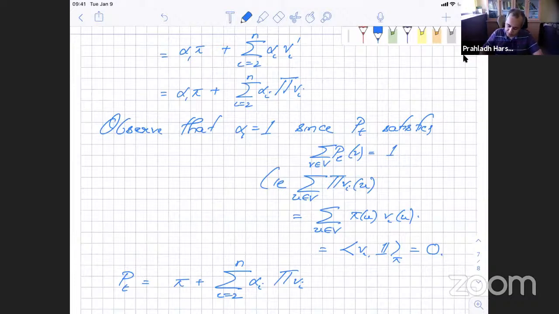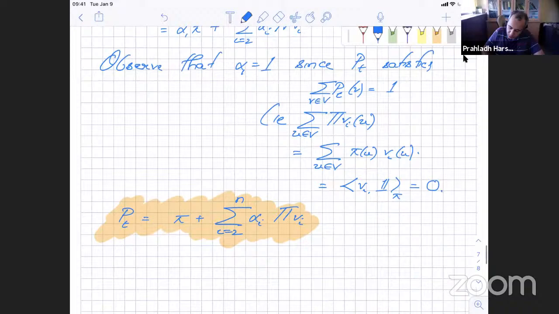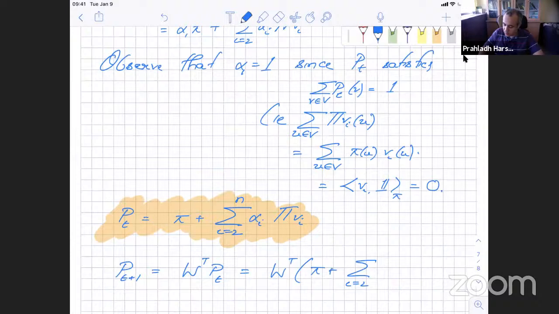Let's similarly write what is p t plus 1. p t plus 1 is by definition W transpose p t, which I will apply on, so that is W transpose of pi plus summation i equals 2 to n alpha i pi vi. This is just pi again.